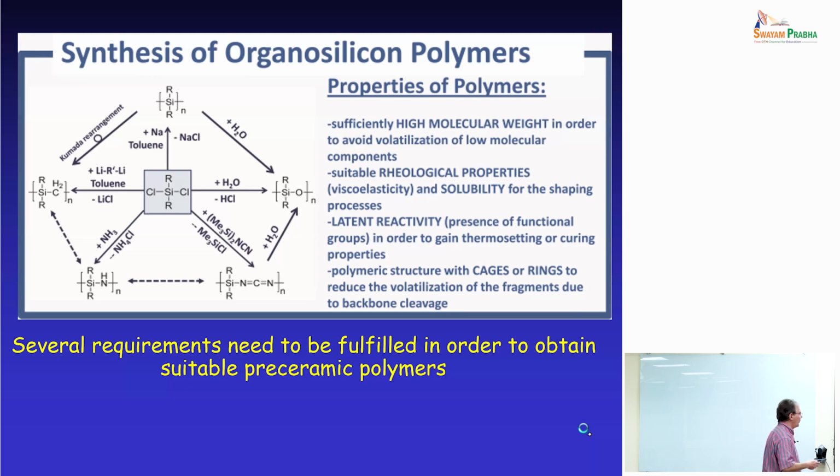And one important point is that not all polymers that contain silicon can be considered a preceramic polymer, in the sense that there are some commercially available siloxanes, for instance, that pretty much completely volatilize during pyrolysis. And this is due to the molecular architecture that they have.